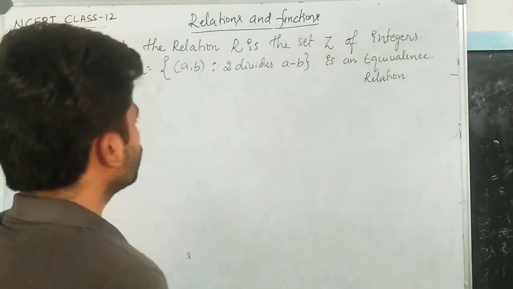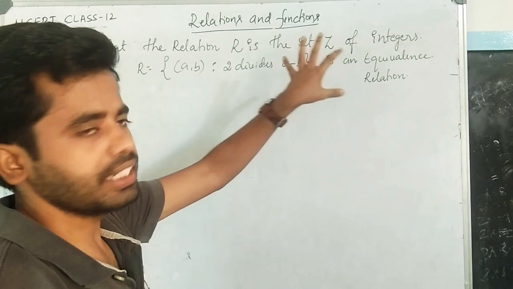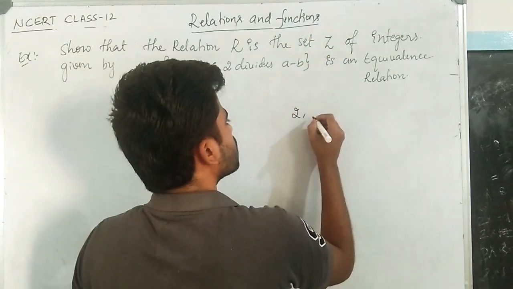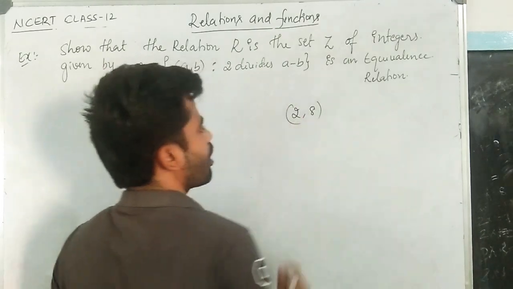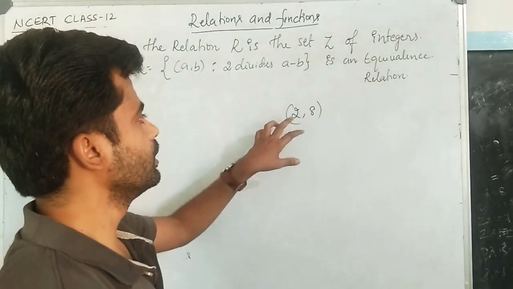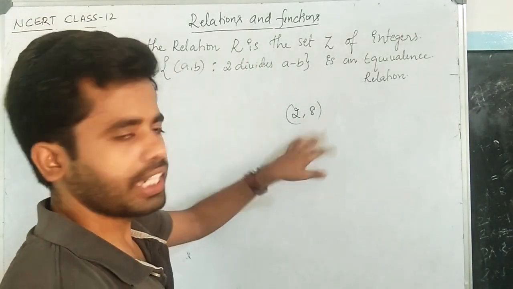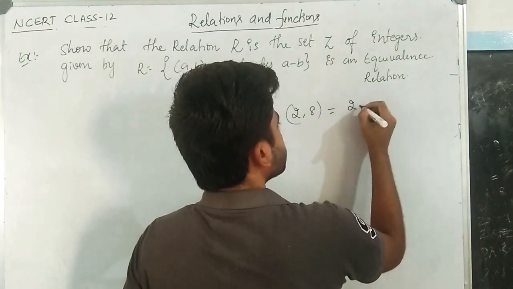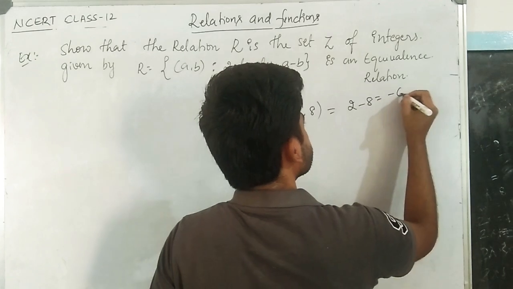Now, they selected elements in the integers in such a way that, for example, I have taken the ordered pair (2, 8). 2 is in the integers, 8 also is in the integers. 2 minus 8 is minus 6.